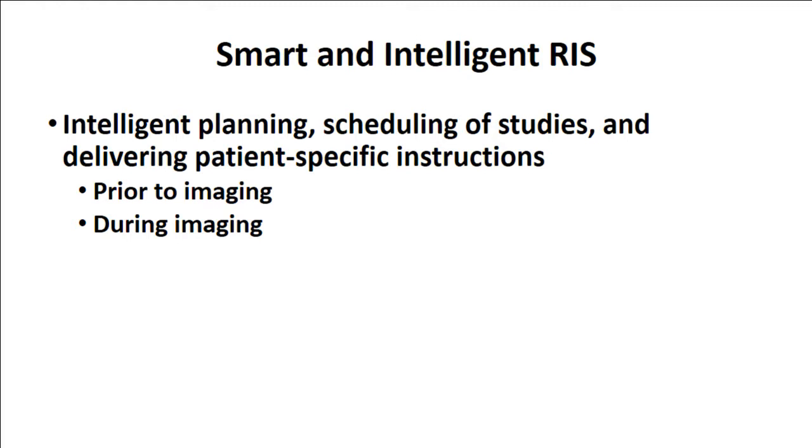We could have a system that could better schedule patients, make sure women of childbearing age have a pregnancy test, or trigger so that a patient who is coming for a cardiac MRI would get a chest radiograph to make sure that there isn't a retained foreign body, etc.